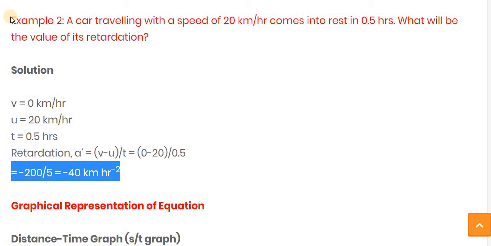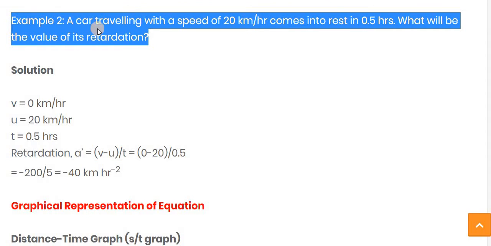Let's see it one more time. Example number 2: a car traveling with a speed of 20 km per hour comes to rest in 0.5 hours. What will be the value of the retardation? Here we have to find the acceleration value. The v is equal to 0. Why do we consider v equal to 0?